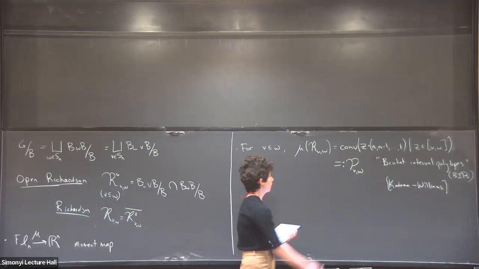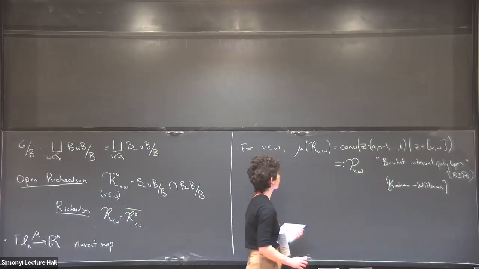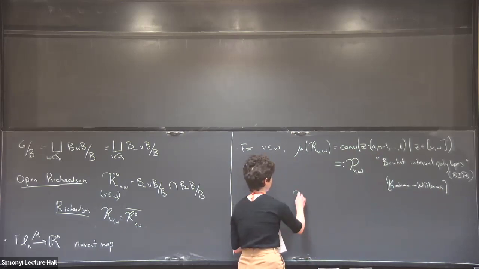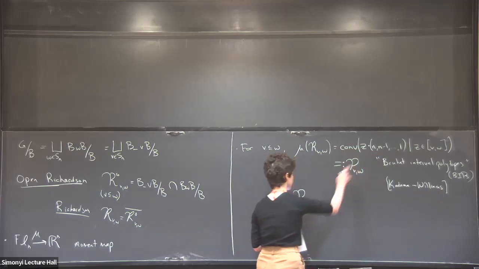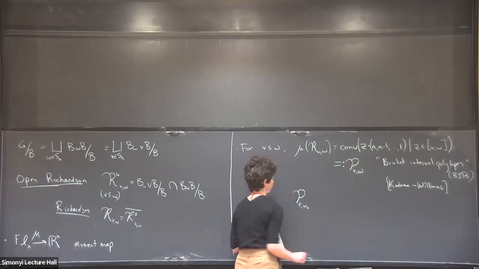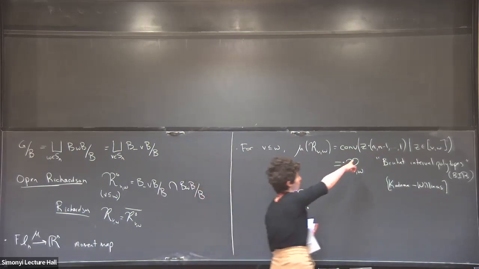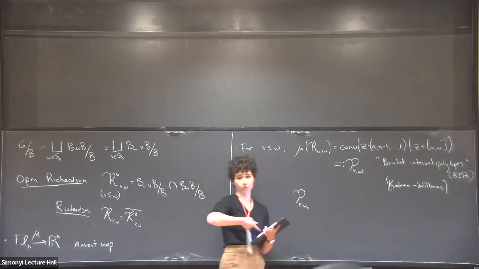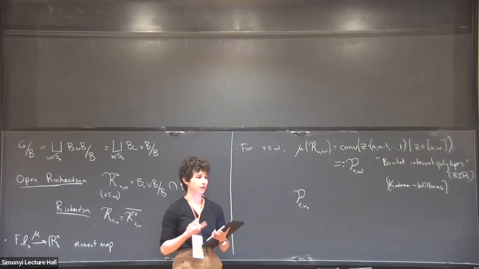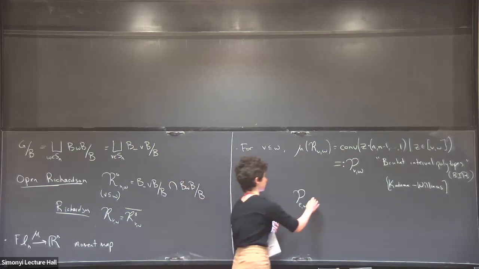So what can I say about them? Well, the first thing is if I take the biggest Bruhat interval, from the identity up to the longest permutation, I'm taking the convex hull of really all permutations. And so then I'm getting just the permutahedron.